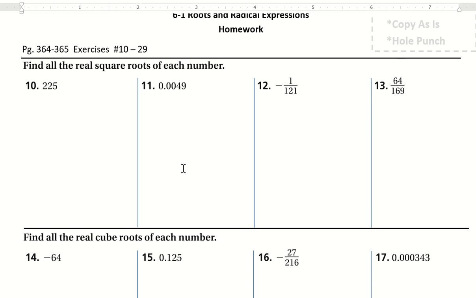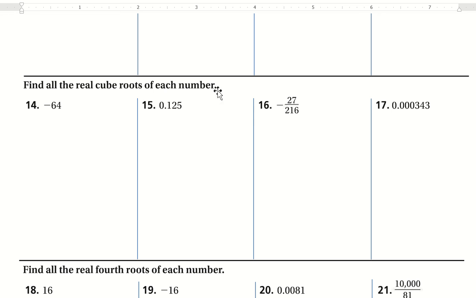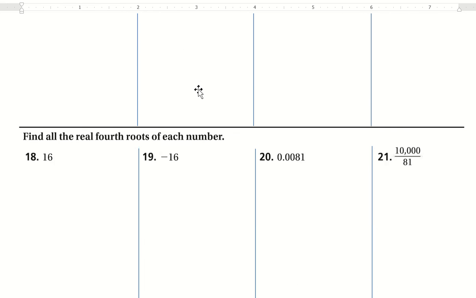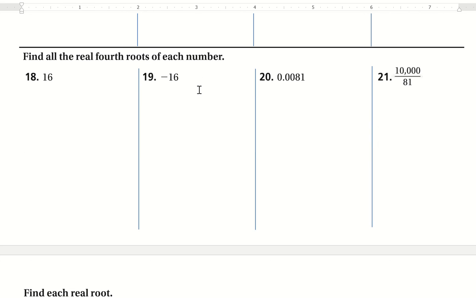I wonder when that would happen. But you want to give both the positive answer and the negative answer. Just like here, if there's more than one, you're going to say so. Find all the real cube roots of each number. Find all the real fourth roots, if there are any, of each number.